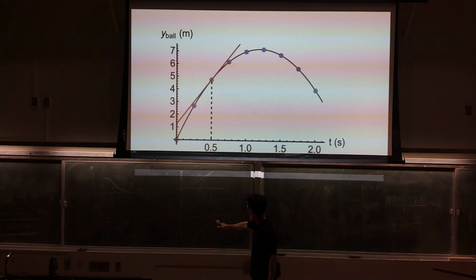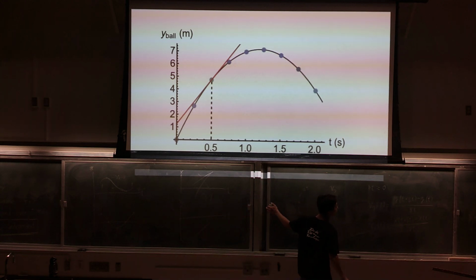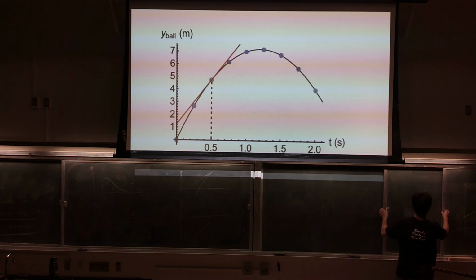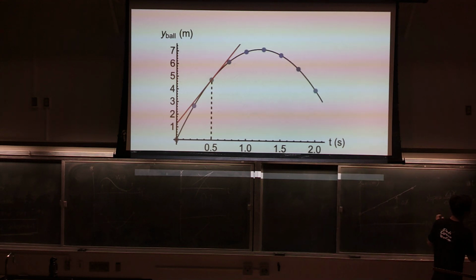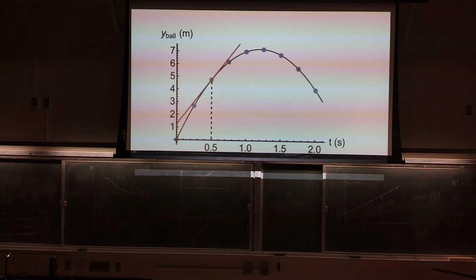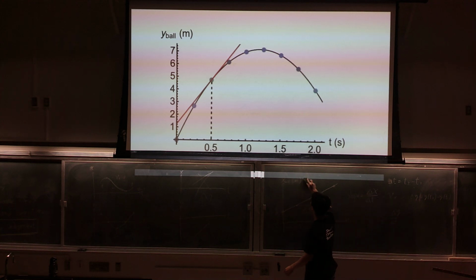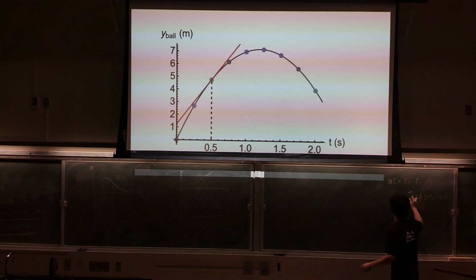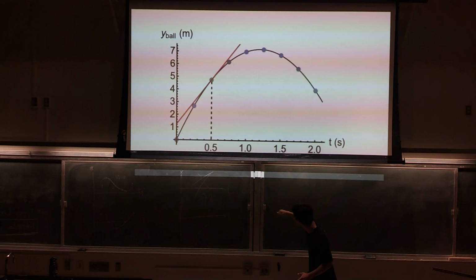So what might correspond to this Vxt graph? What corresponds to this Vxt graph should be an xt graph that is decreasing its x position.